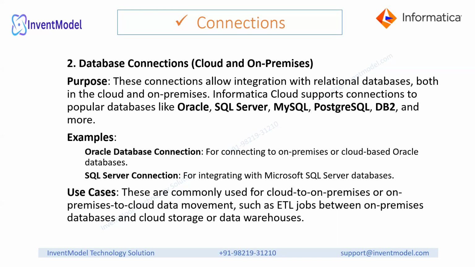Informatica Cloud supports connections to popular databases like Oracle, SQL Server, MySQL, PostgreSQL, DB2, and more. If you want to extract data from or load data into these databases, we can create the database connections. We can choose the appropriate database name from this list, fill in the details accordingly, and use these connections to extract the data or to load the data into tables within those databases.